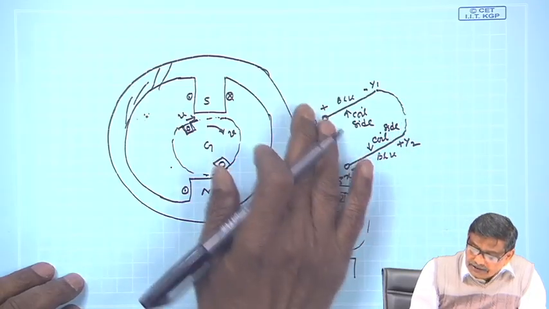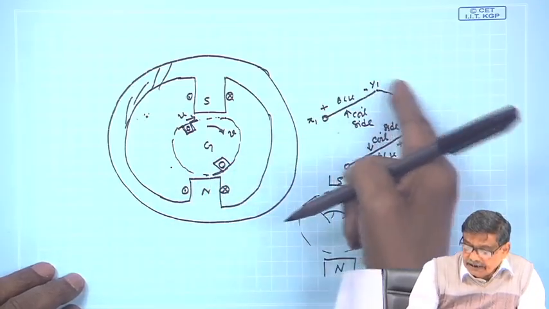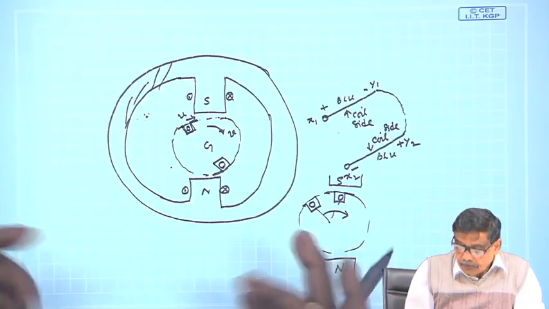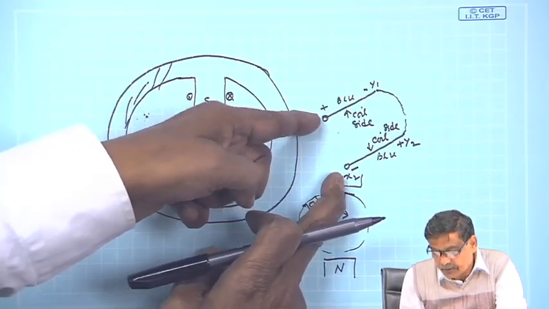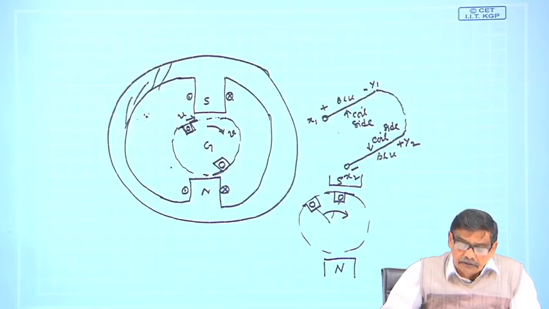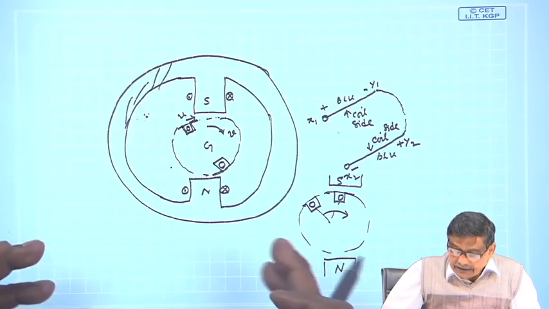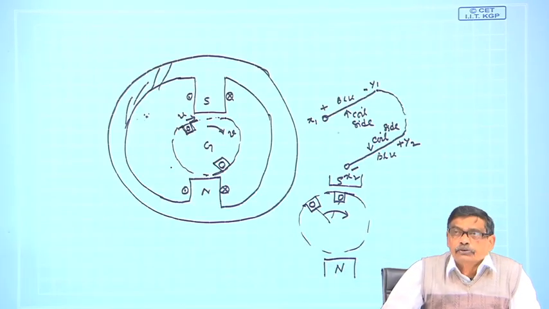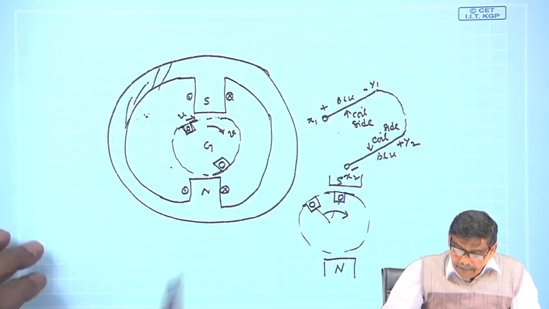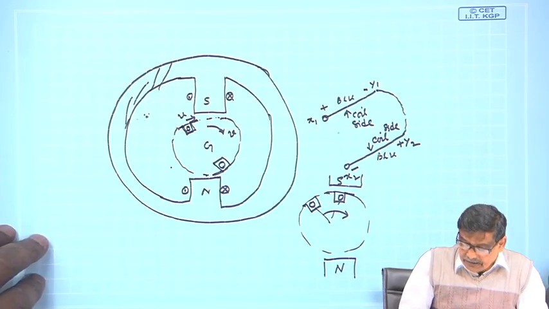So, two coil sides connected in series is called a coil, with two free terminals x1 x2 available to us for passing current or collecting voltage from those two terminals, depending upon whether it is operating as a motor or as a generator. More to this will come.